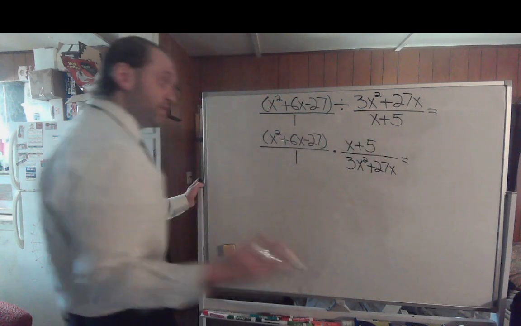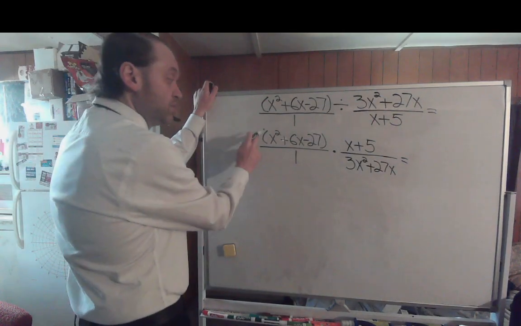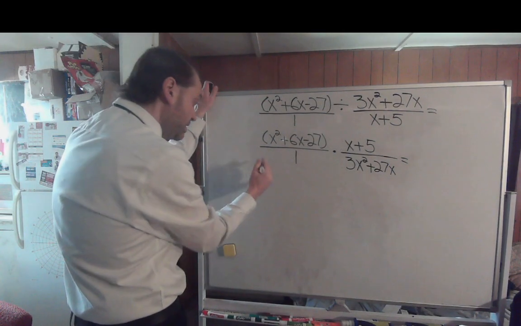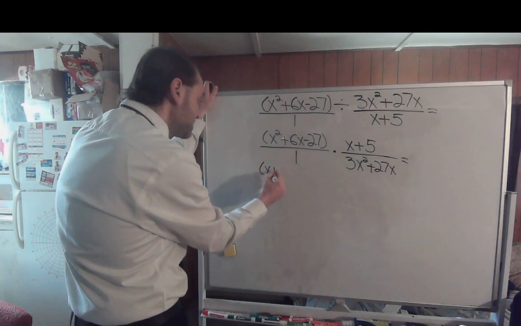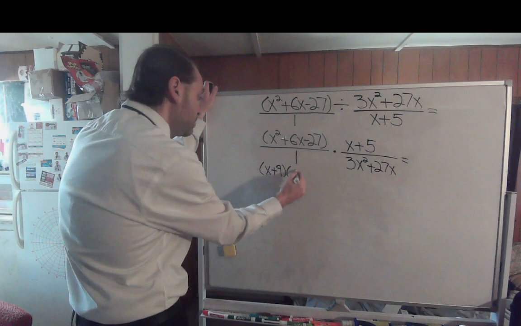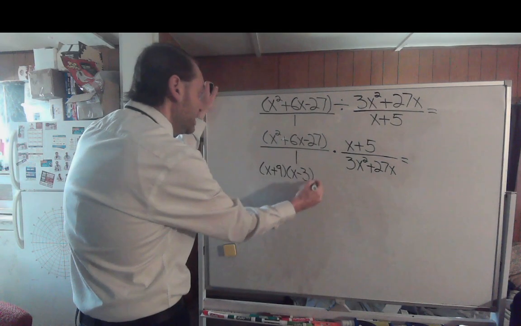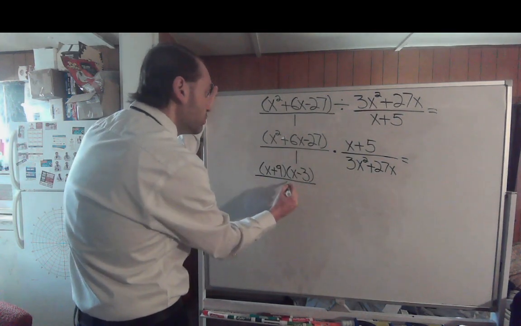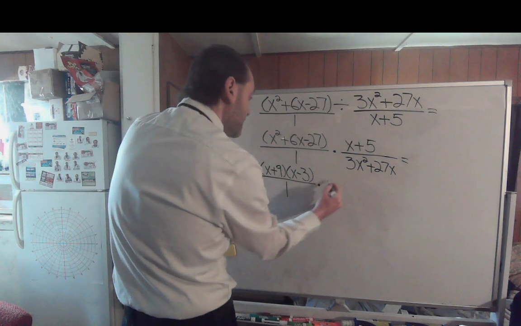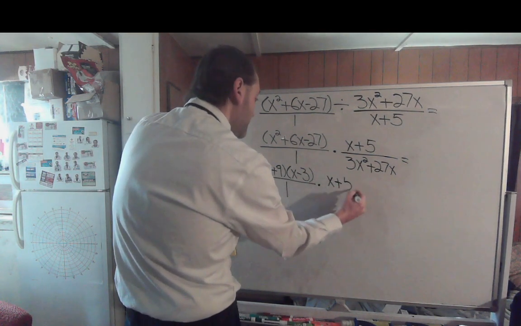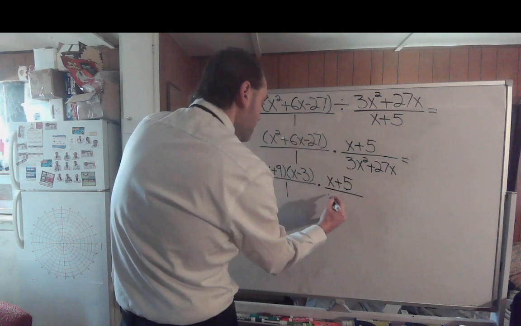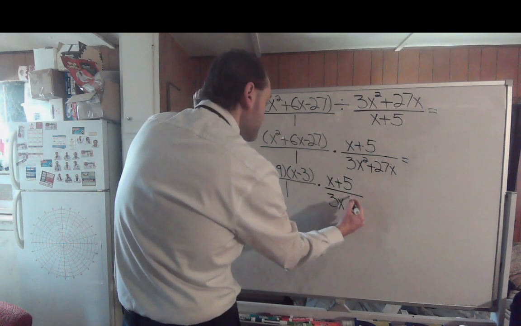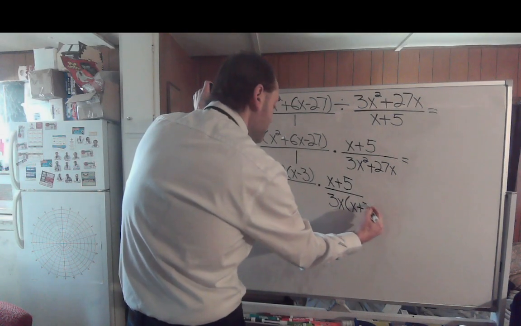Alright, now let's factor everything completely. So in the numerator of the first term, this would end up being x plus 9 times the quantity of x minus 3 all over 1, all that times x plus 5 over 3x times x plus 3.